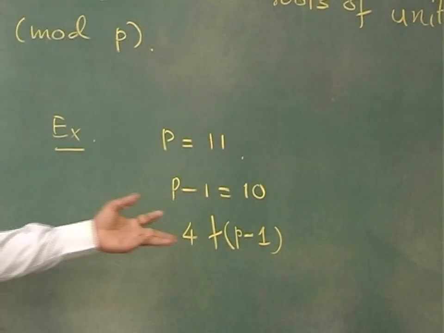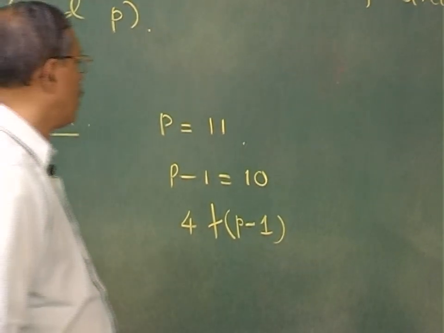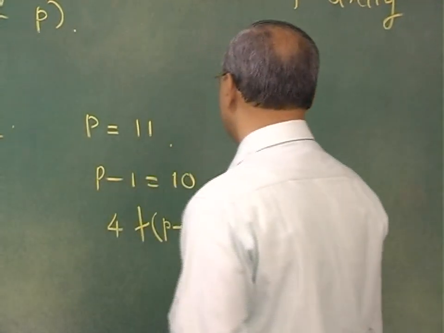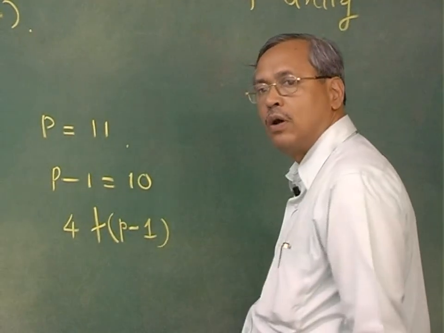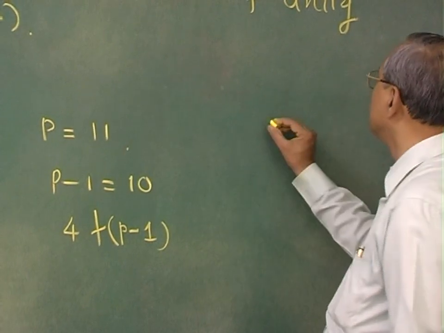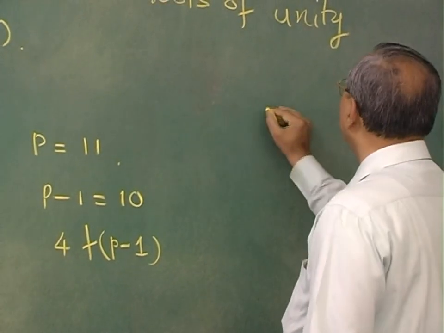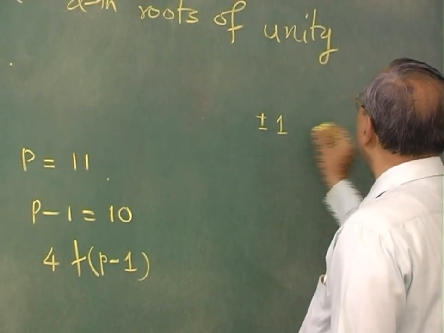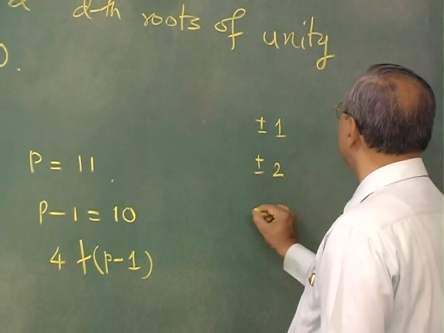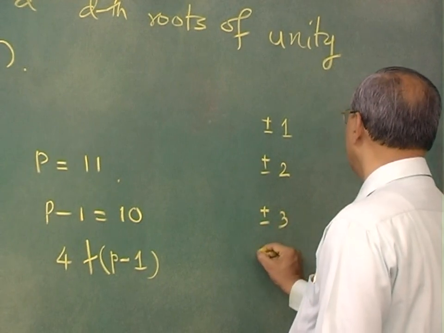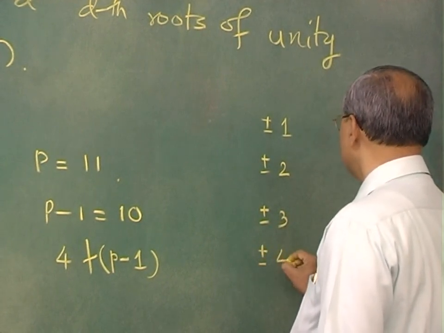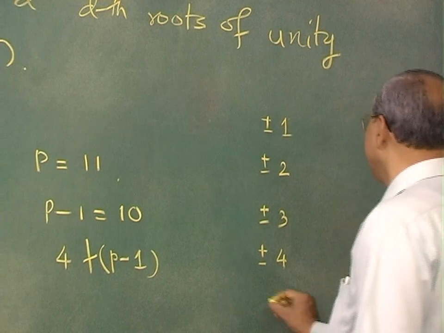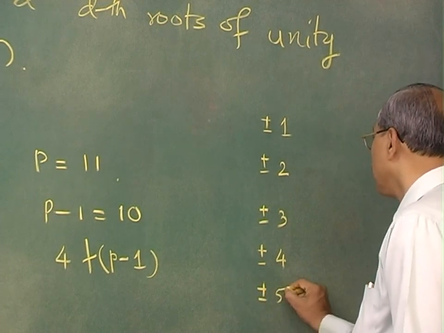If you try to find fourth roots of unity, so take fourth powers of various elements mod 11, what do you get? So plus minus 1, plus minus 2, plus minus 3, plus minus 4, plus minus 5 and 0.